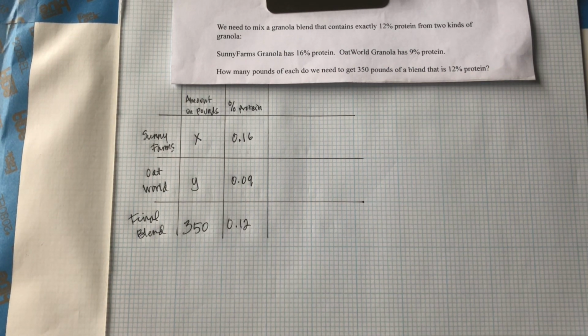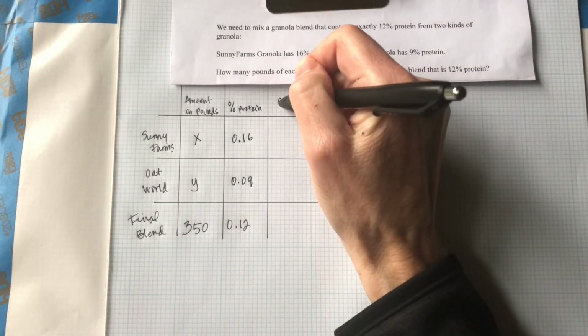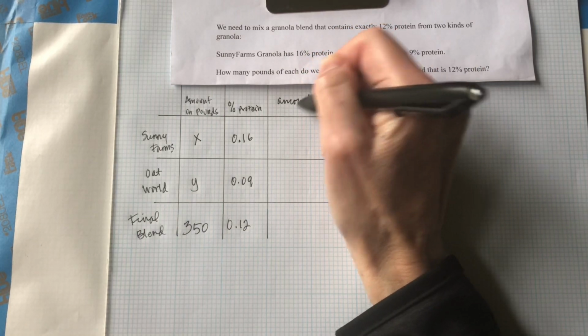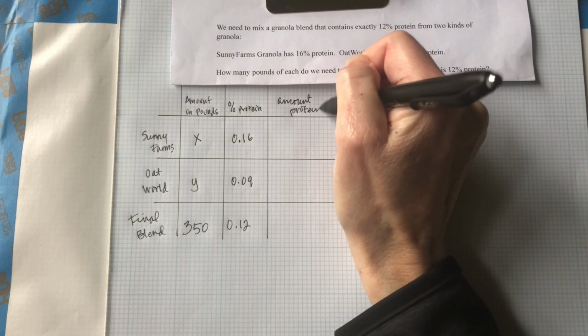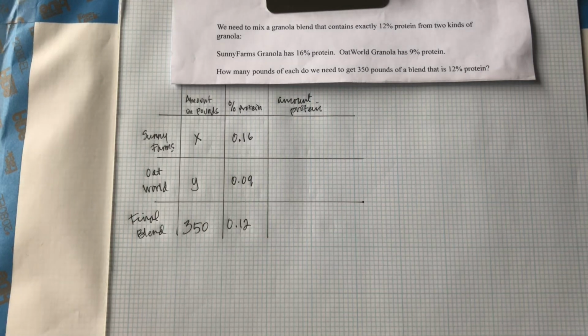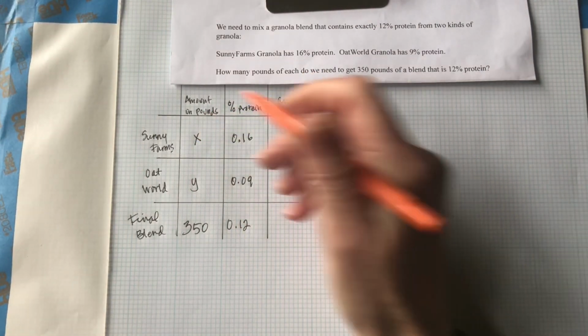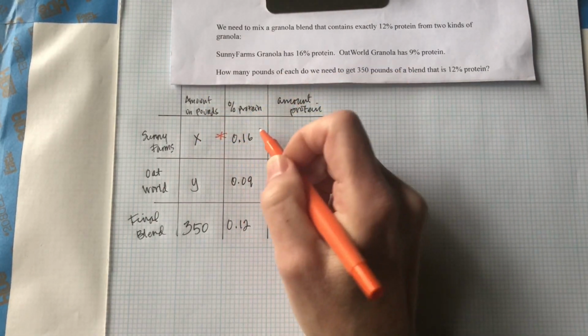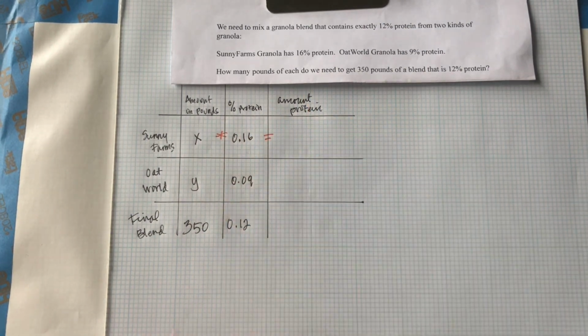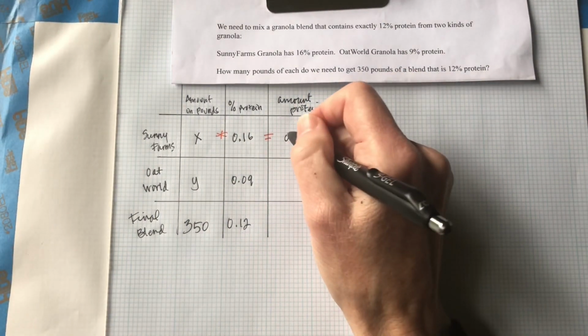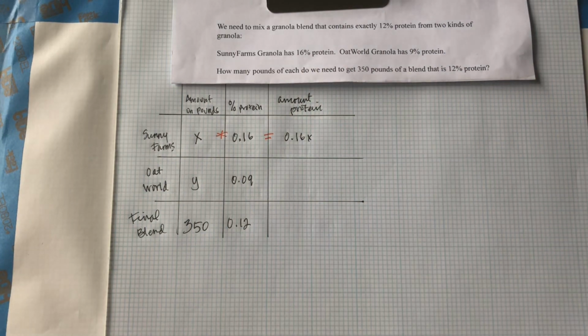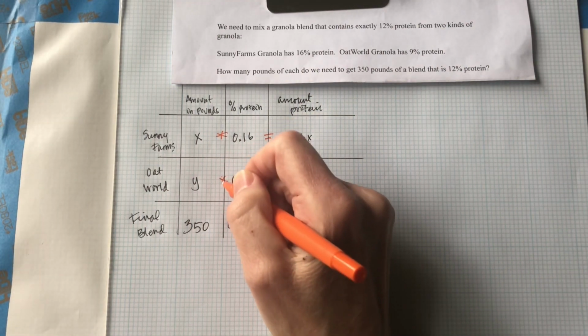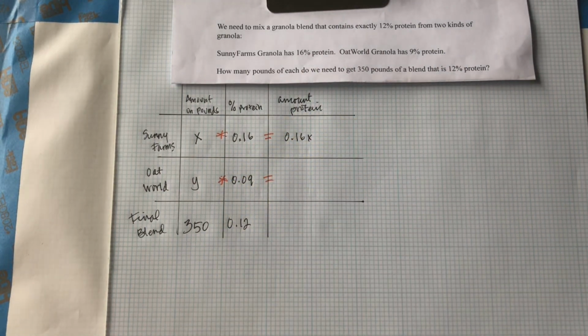So what do we do next? Well, we can reflect this information by talking about the amount of protein in each of these things. And the way we do that is we just multiply here. So x times 0.16 is going to give us 0.16x. y times 0.09 gives us 0.09y.